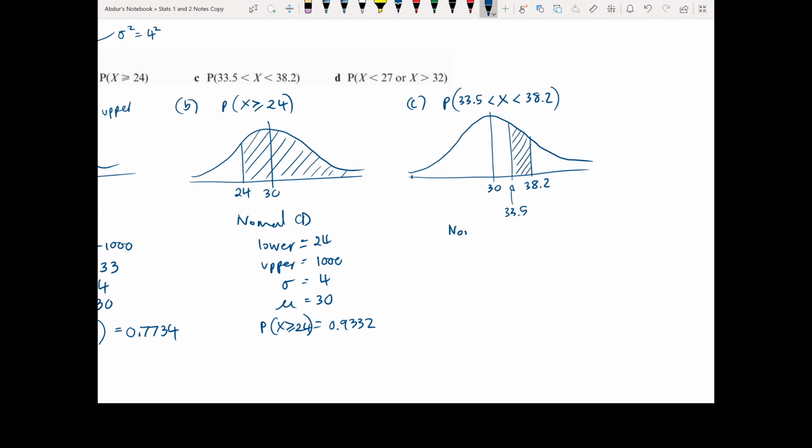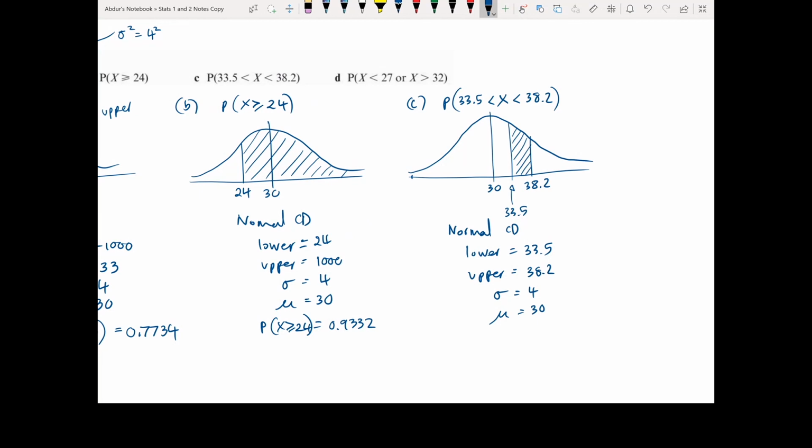Again, we can go to our calculator normal CD function, and this time for the lower value we want 33.5. For the upper value this time we want 38.2, and our sigma still remains at 4 and mu is 30.